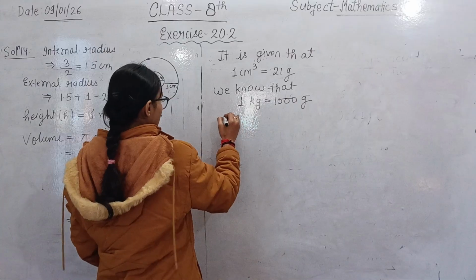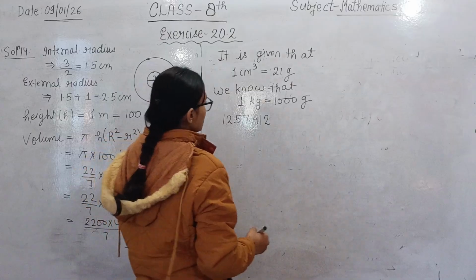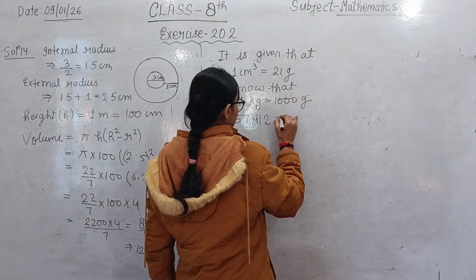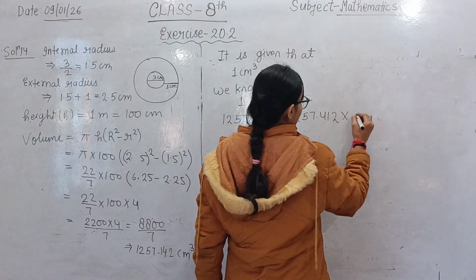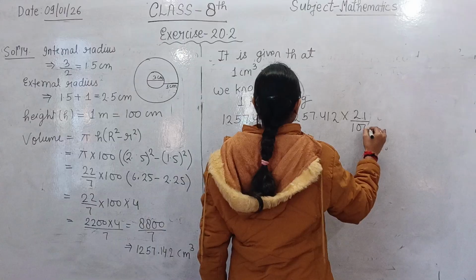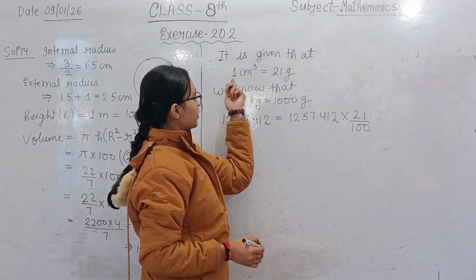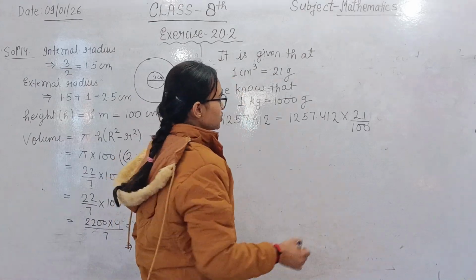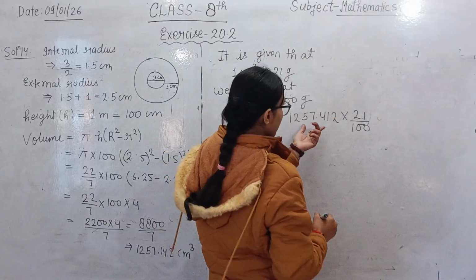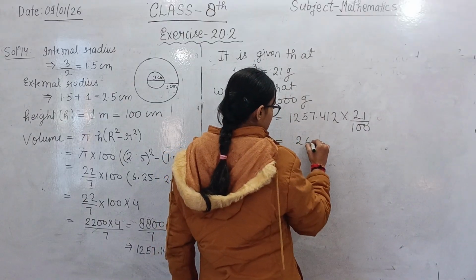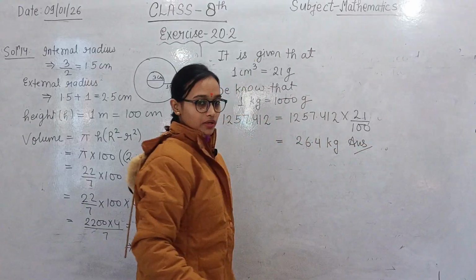So 1257.142 centimeter cube will be equal to 1257.142 multiplied by 21 upon 1000. Simply, if we calculate this in kg, when we multiply and divide, we will get 26.4 kg. This is the answer of question number 14.